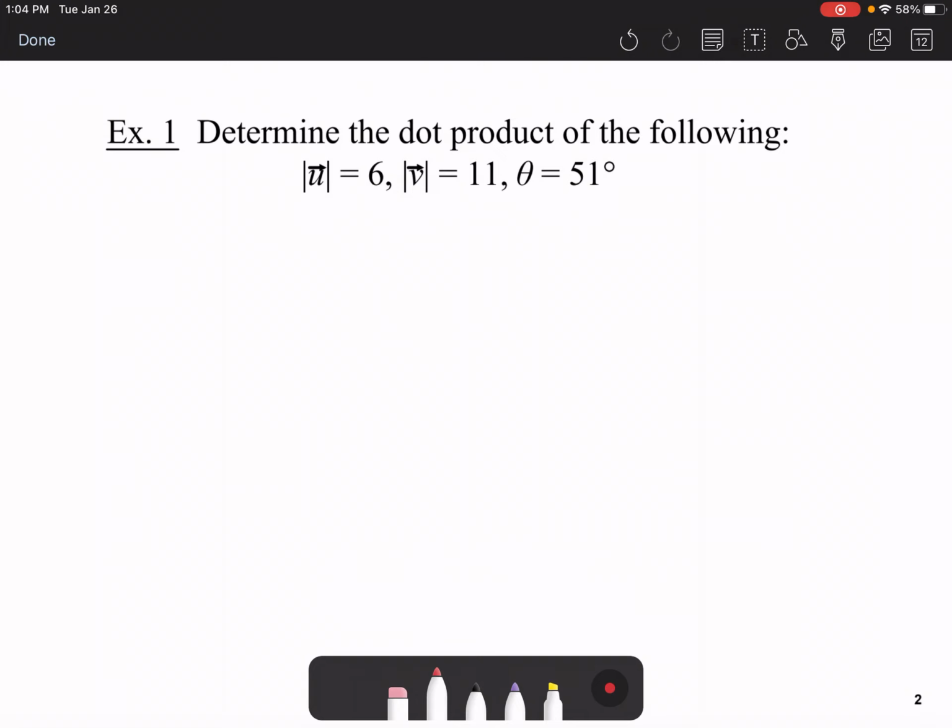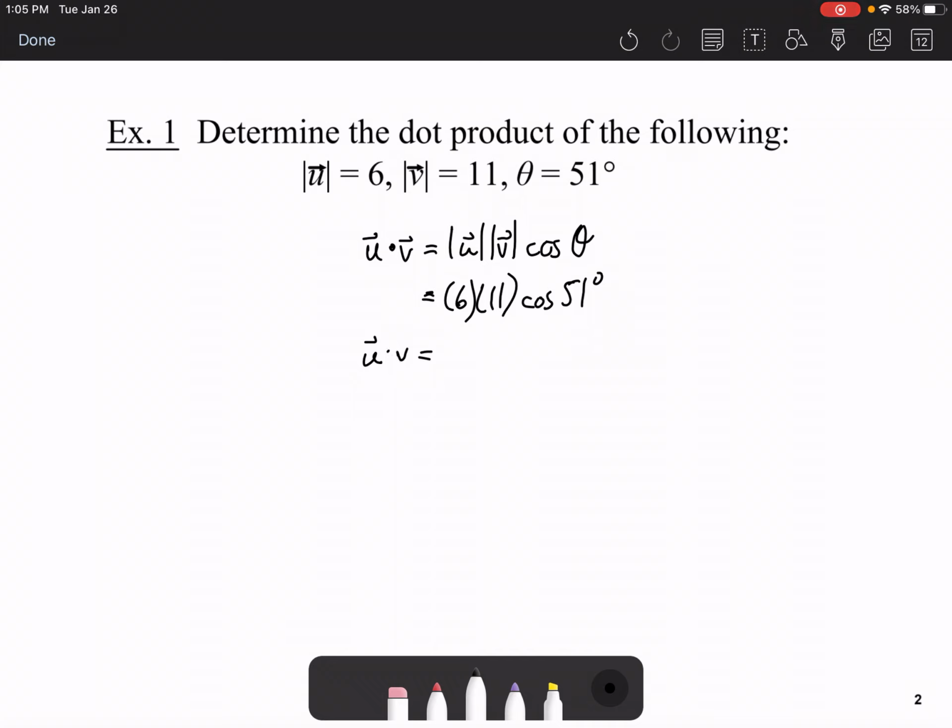So let's try calculating it. So using what we know already, calculate your dot product of the following expression. Pause your video and try it out. Okay, so now that you've tried it, this is what you should work out. u dot v is equal to the magnitude of u times the magnitude of v times cosine theta, which is just 6 times 11 times cosine of 51 degrees.